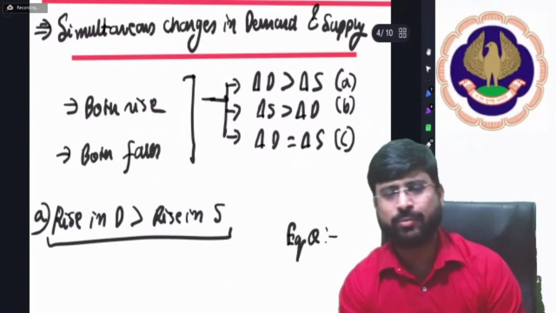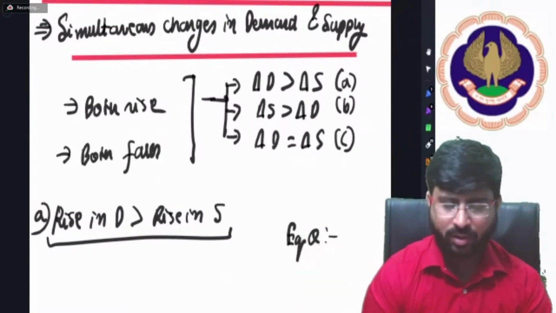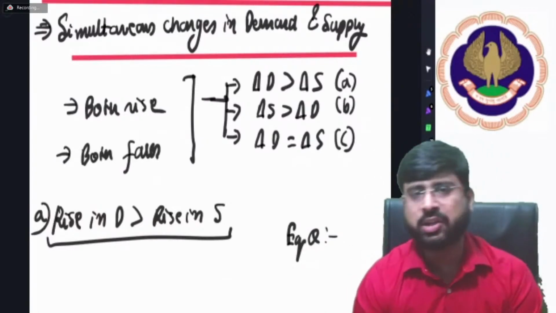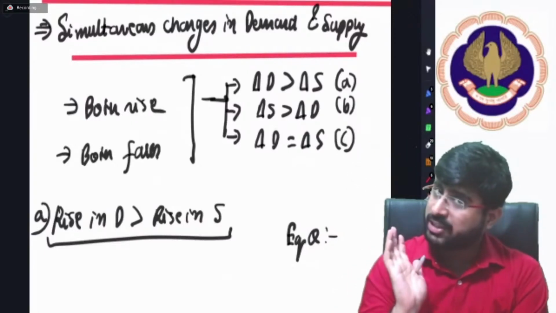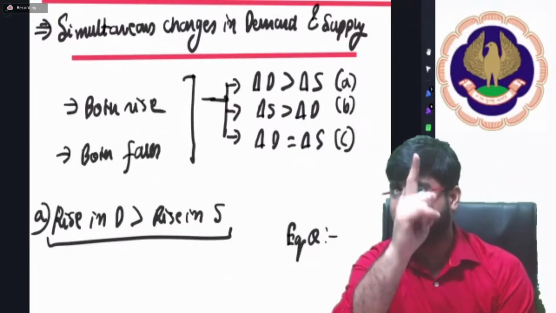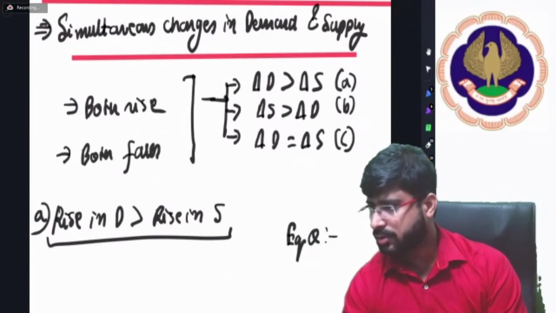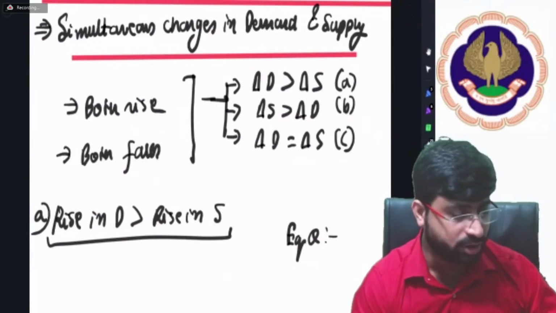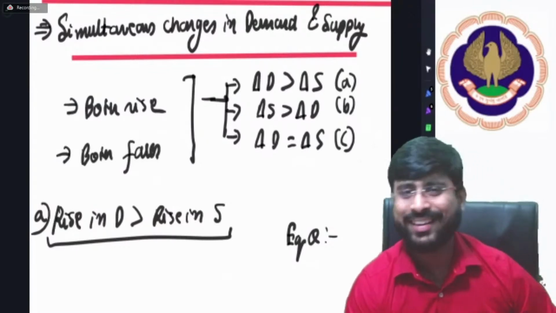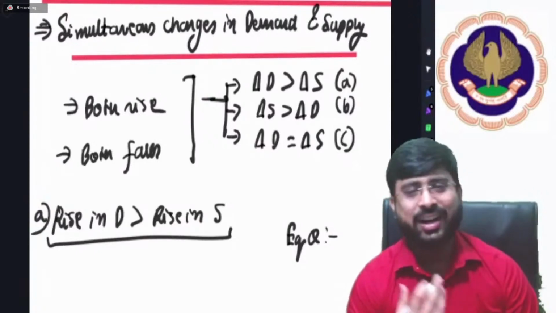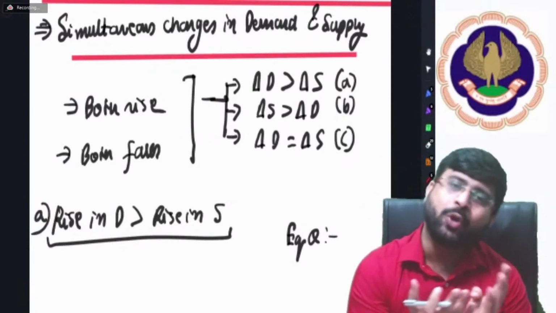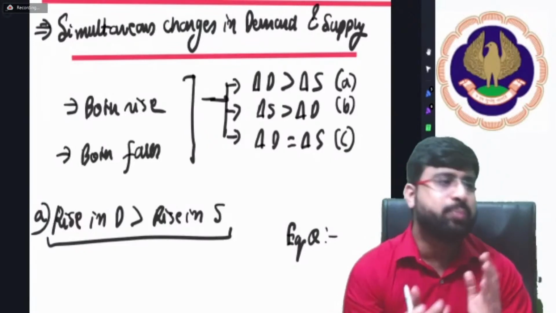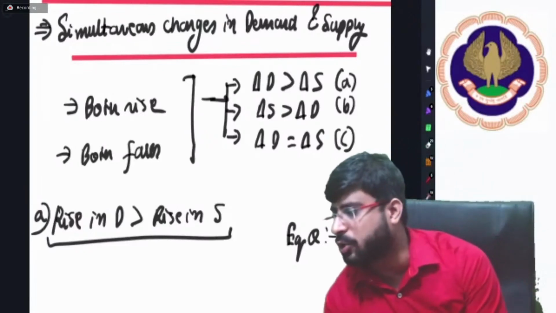What will happen to equilibrium quantity? Without the graph, you will tell me. Hint, demand is rising, supply is rising. So what will happen to quantity? Equilibrium quantity. Tell me the answer. Immediately. Don't think, just answer. Yes, you guessed it correct. You will tell me, sir, if quantity demanded is also rising, if quantity supplied is also rising, if both are on the rise, then why will equilibrium quantity not rise?